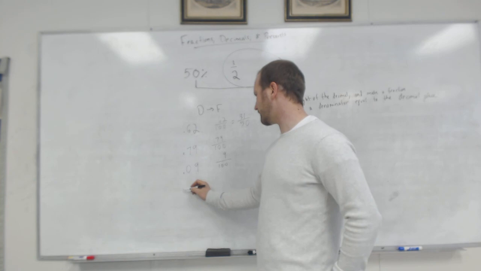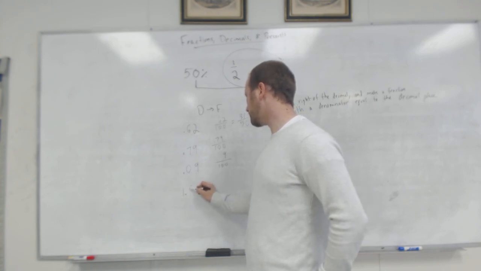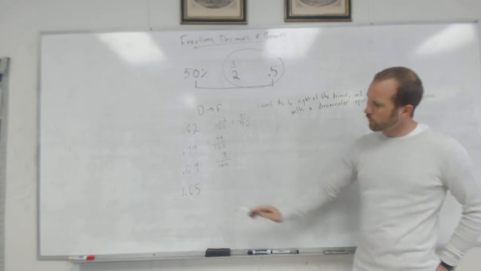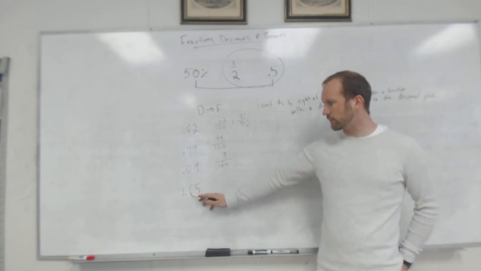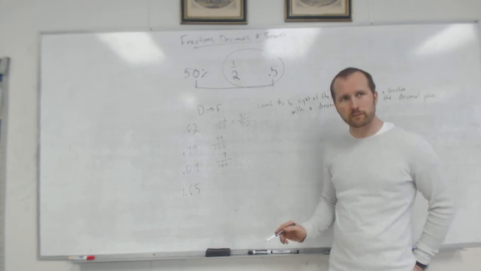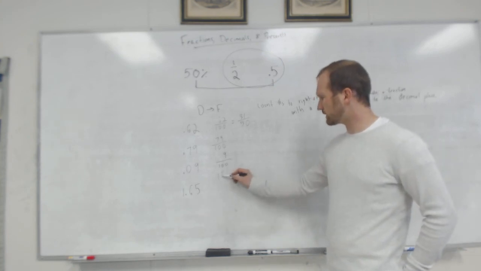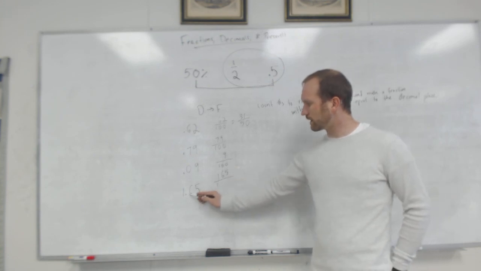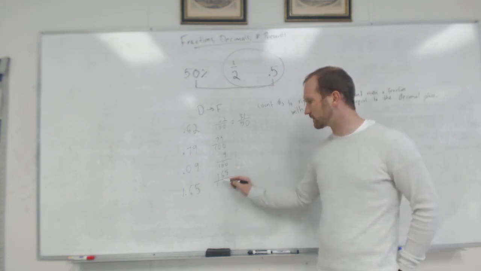If I had something like this, 1.65, I'm only counting the numbers to the right of the decimal, right? So this would be 1, 2. So 165 over, in this case, I'm still only counting these.